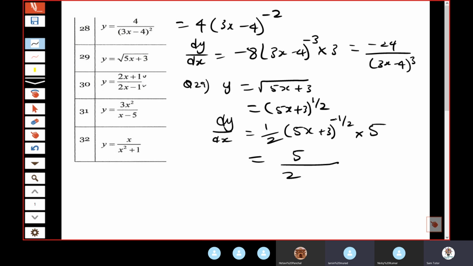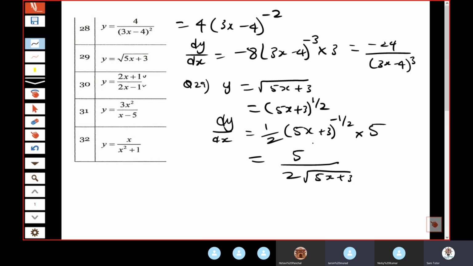This -half goes in the bottom as +half, so square root of 5x plus 3. Are you comfortable? Eventually, would you be able to get from this line to this line? I wouldn't write the 2. Ah, what would you have written? Just 5 over square root of 5x plus 3. That's it.